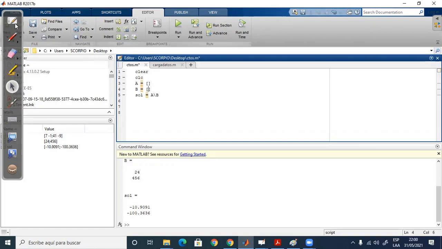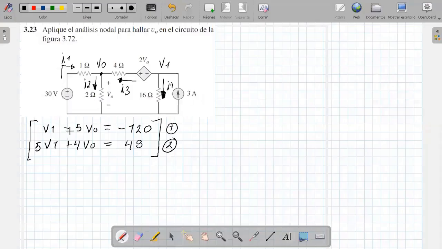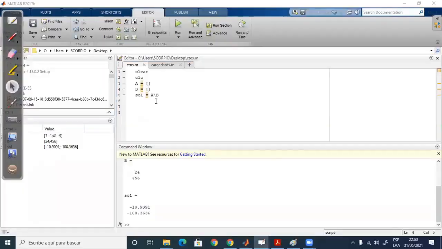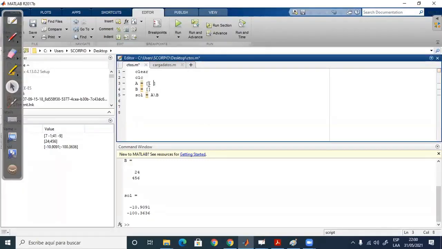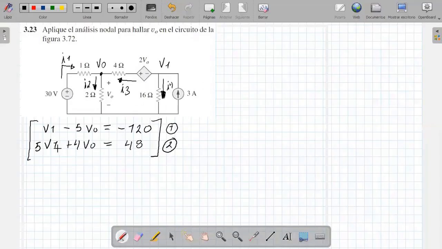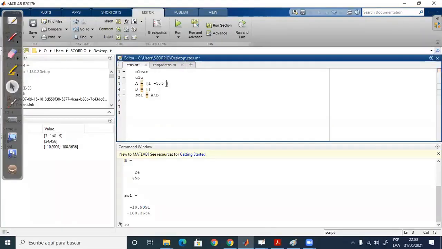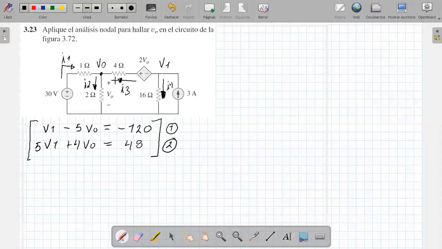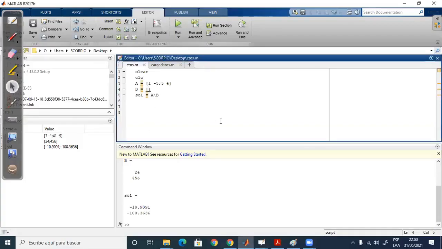I'm going to define matrix A as 1, minus 5; semicolon to move to the other row, 5, 4. Now the matrix V, the one on the other side of the equal, would be minus 120 semicolon 48.